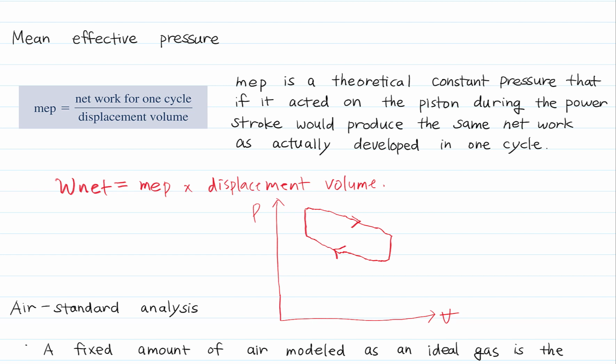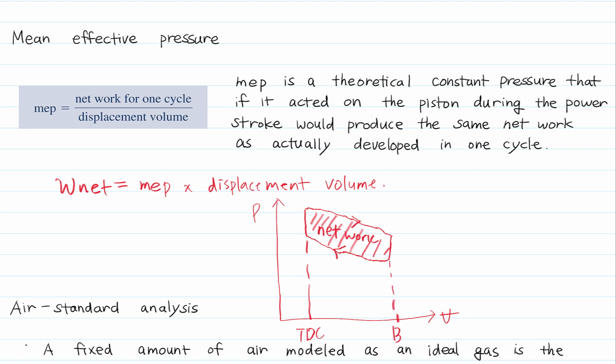On a PV diagram, pressure volume diagram, consider the net work produced by a piston cylinder system. The enclosed area represents the net work. And this is TDC, the minimum volume.